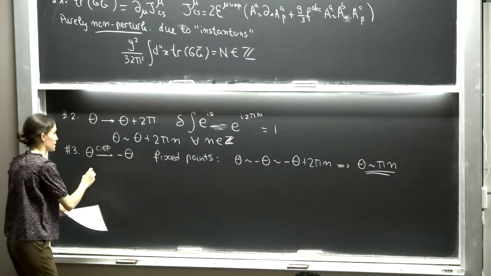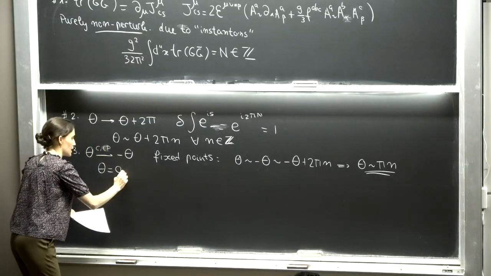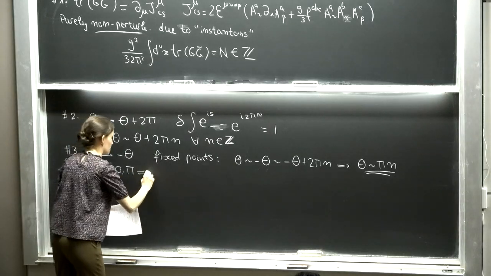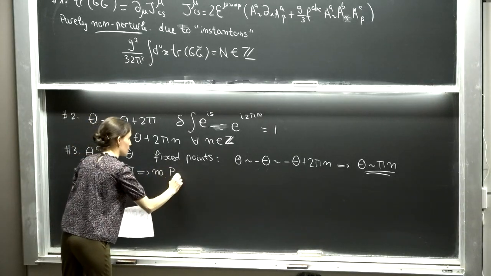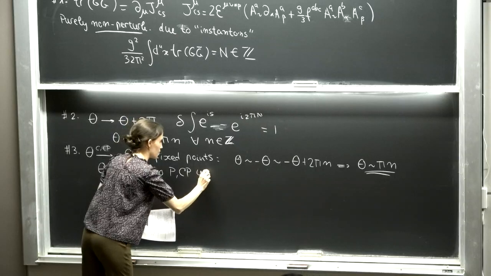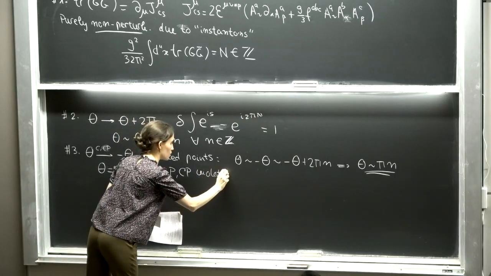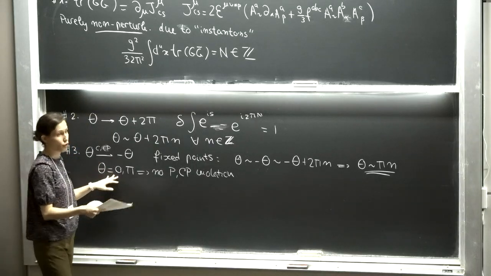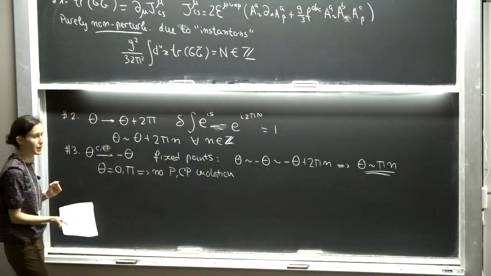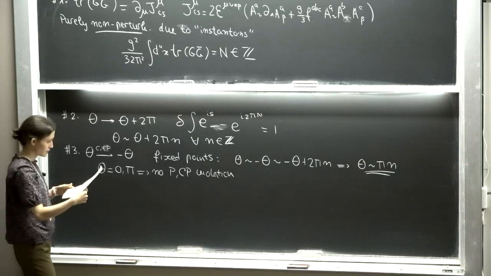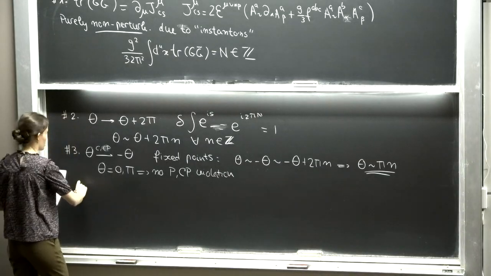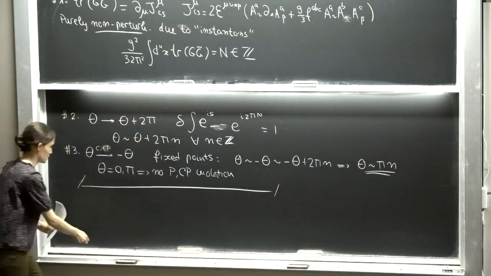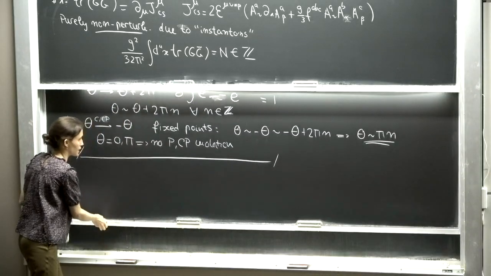So if theta was either 0 or pi, there would be no P or CP violation. However, if theta is different from 0 or pi, then the theory violates both P and CP. Okay, so that's all I wanted to say about a theta term in pure Yang-Mills.